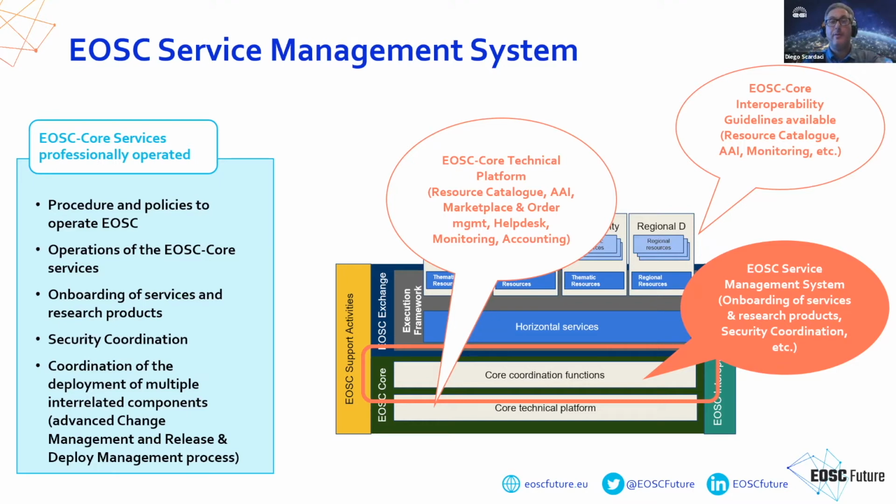All these procedures and policies are part of the EOSC service management system. That is the way that would allow us to operate the EOSC core services in a professional manner.